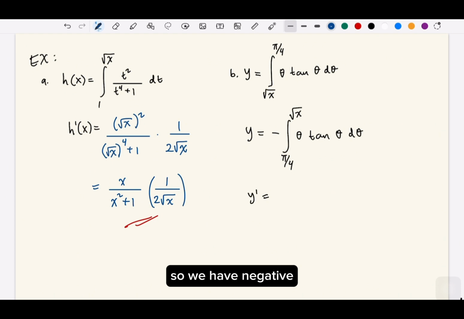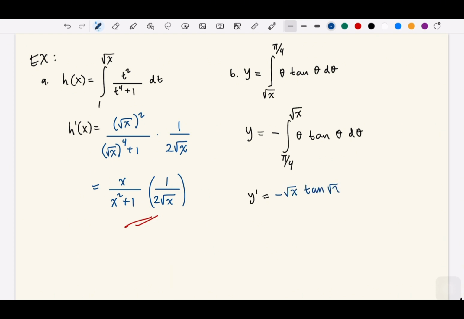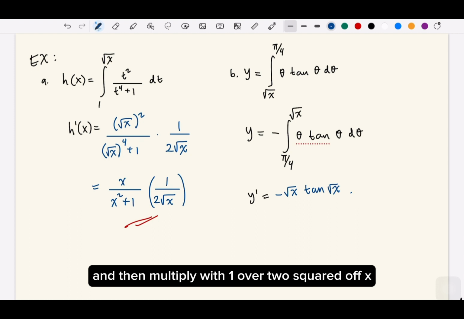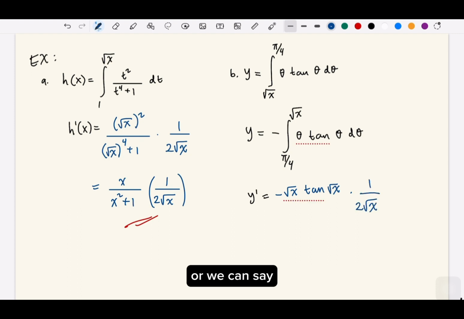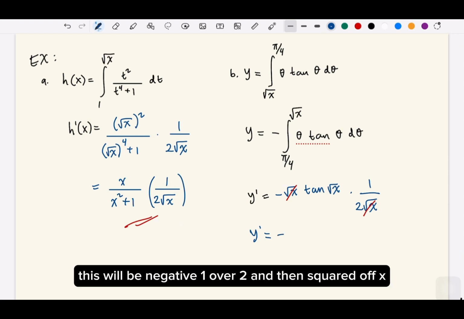So we have negative, and then multiply with 1 over 2 square root of x, or we can say this will be negative 1 over 2 tangent square root of x.